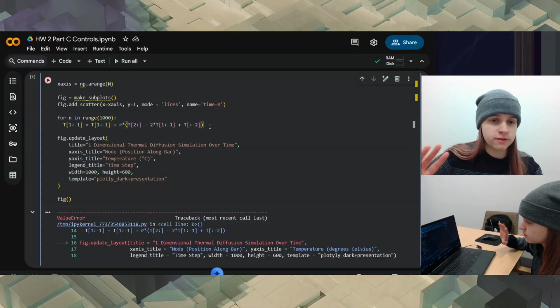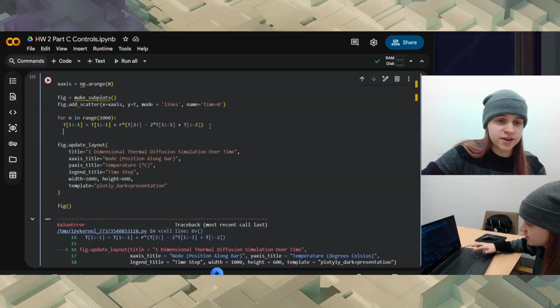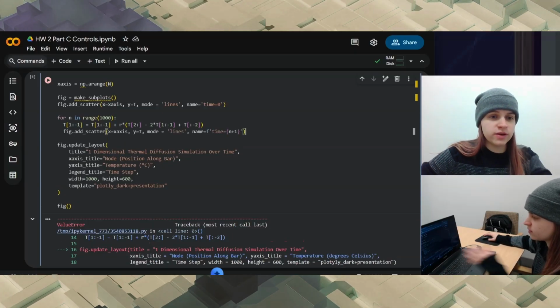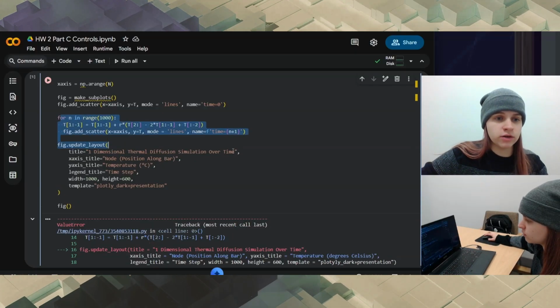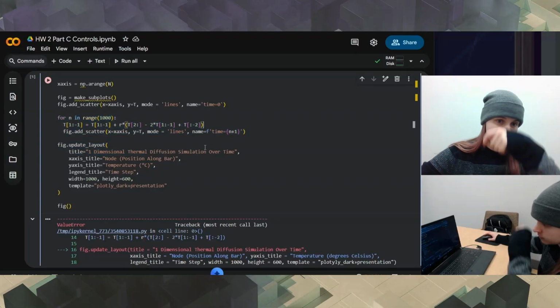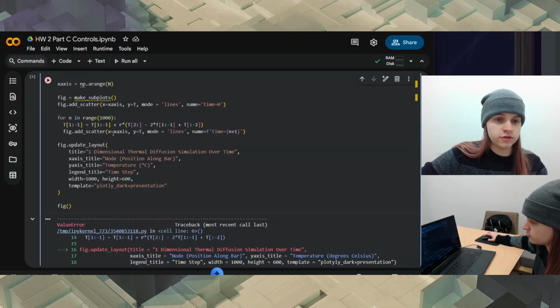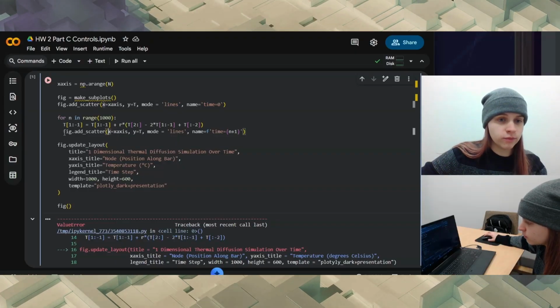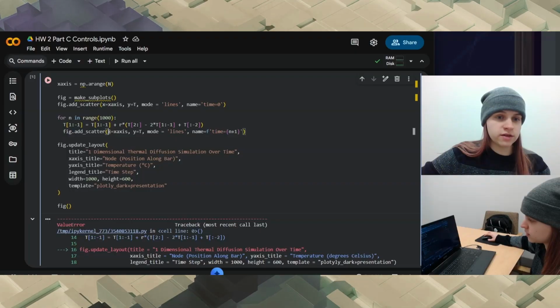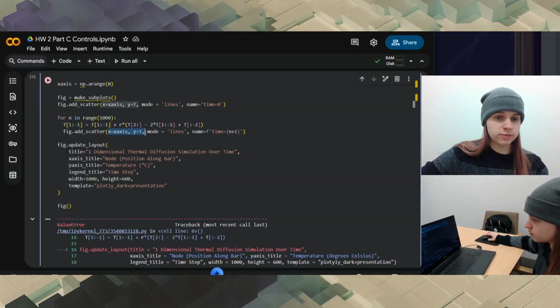And then something else, I completely forgot to add a scatter. So we want a scatter to be adding as we're going through this for loop, or else we will simply just have this scatter right here. So let's see if what it wanted me to add was correct. The x again is the x-axis, y is the temperature.